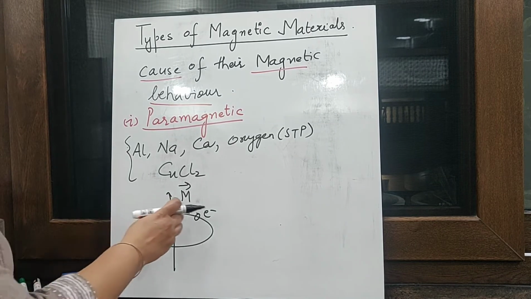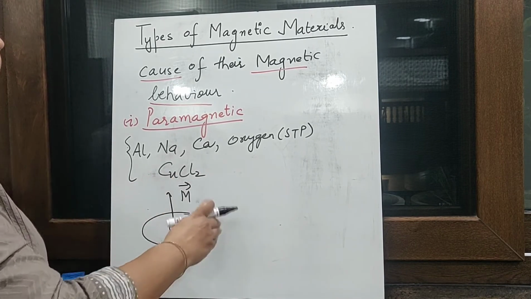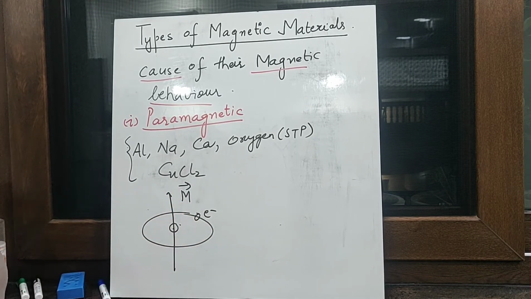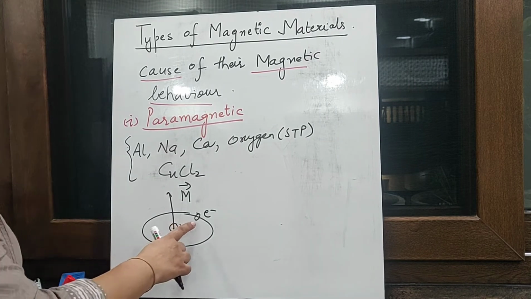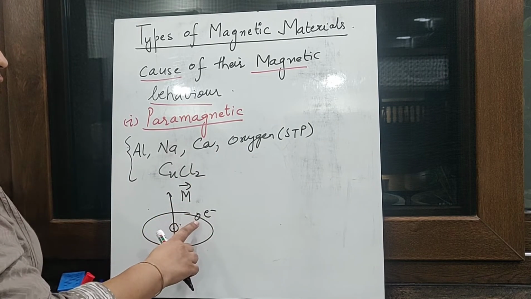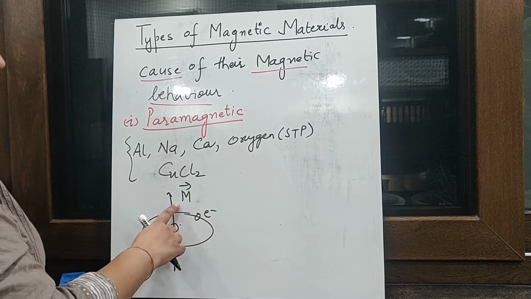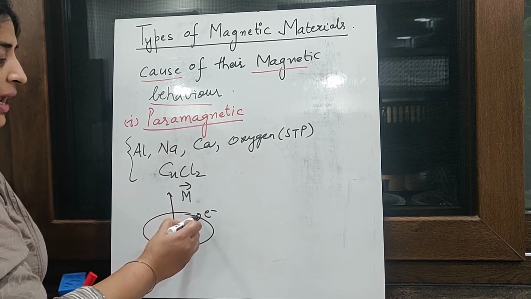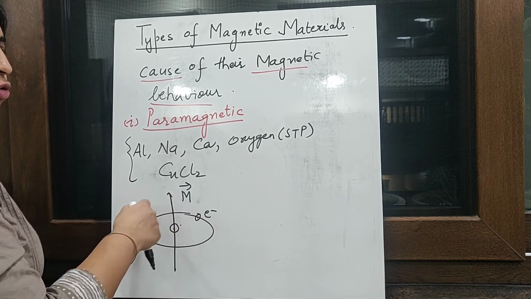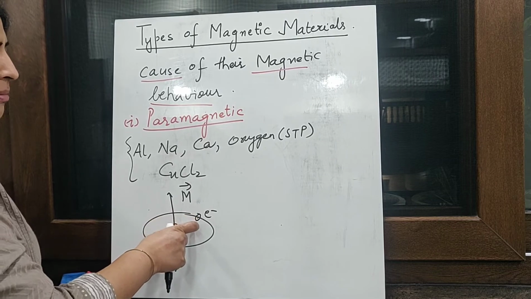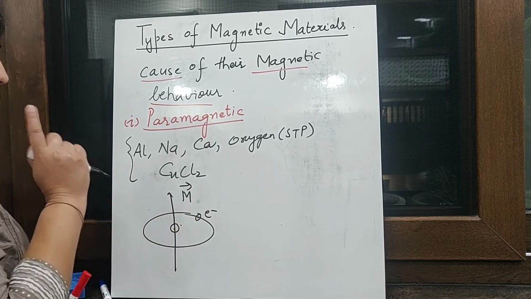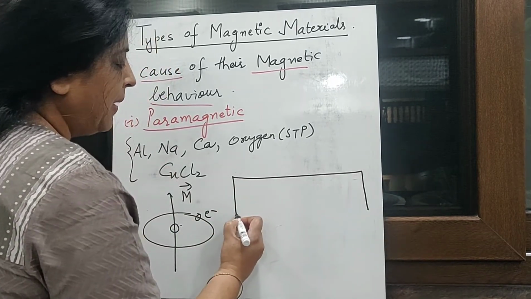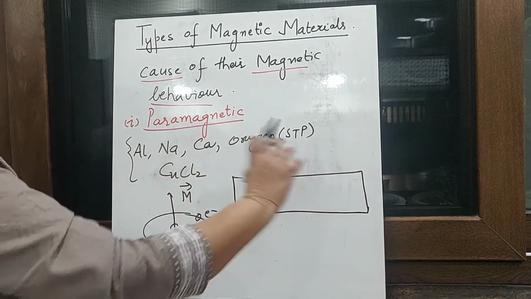Because there will be many electrons orbiting in their orbits, and every revolving electron is equivalent to a circulating current, and we've already learned in one of the videos that circulating currents give rise to magnetic moments, which is equal to NiA. So the resultant of all the magnetic moments shown by the different electrons present in one atom gives rise to a net magnetic moment.